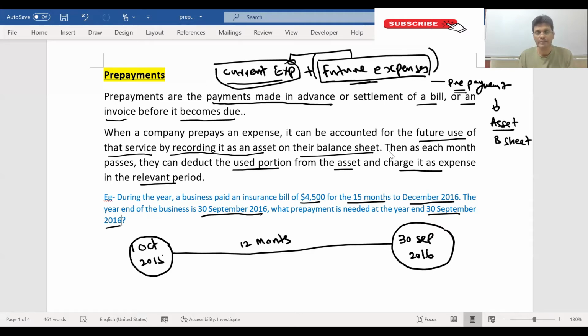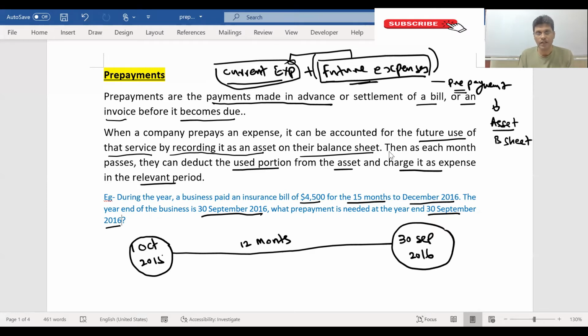During the year, a business paid an insurance bill of 4,500 for the 15 months to December 2016. Now the business has paid 4,500 for 15 months till December 2016.